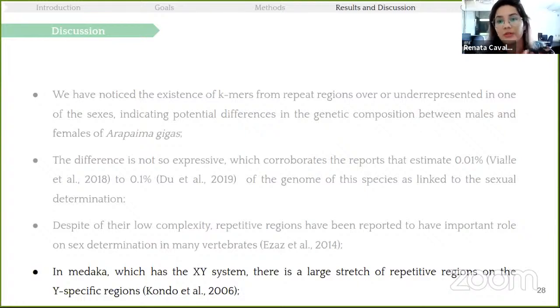So in the near future, we would like to use these regions to try to observe in more samples of Arapaima using FISH methods, but we didn't compare with another species yet.